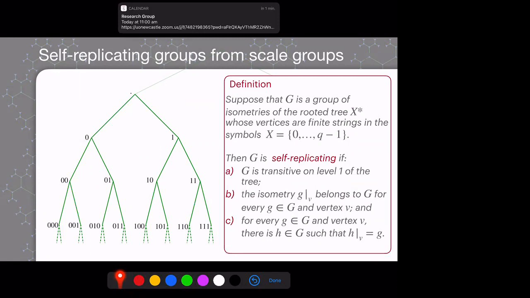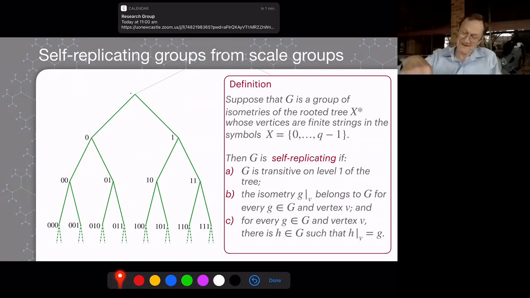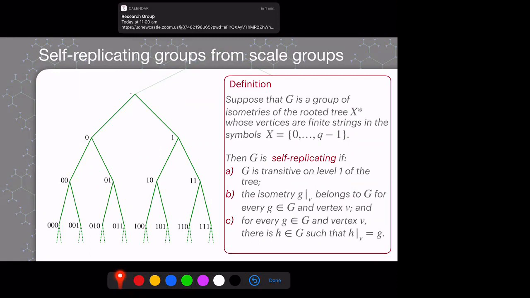While you included in the definition of self-replicating group all three properties. Yes. So in a certain sense, your terminology is different. What you call self-replicating, we would call self-replicating level transitive. Maybe something like that, but it's not important, of course.